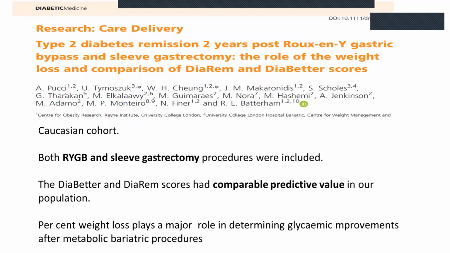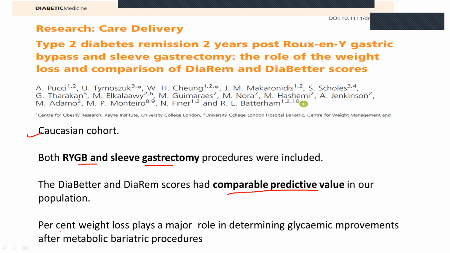This study by Pucci et al. had a Caucasian cohort in this case, and they underwent both the Roux-en-Y gastric bypass and sleeve gastrectomy procedures. And here they compared the DiaBetter score and the DiaRem scores. According to them, they had comparable predictive values.